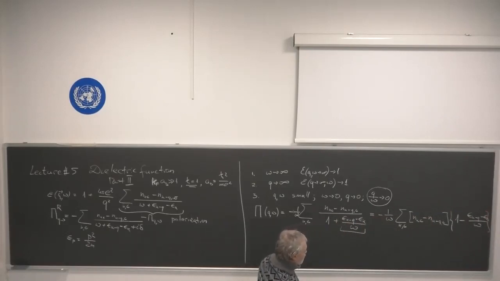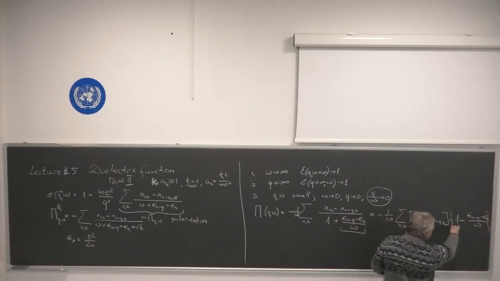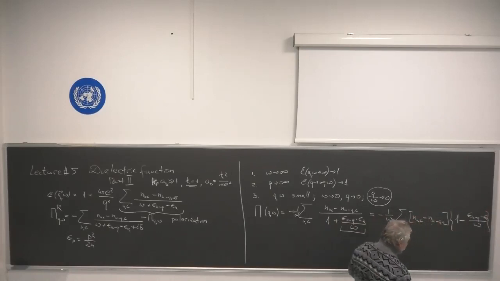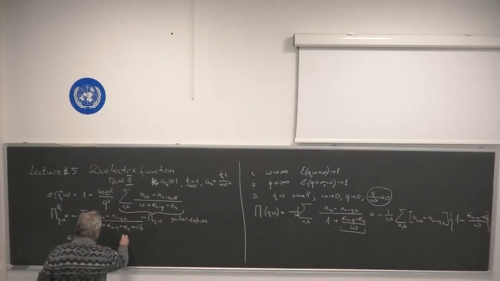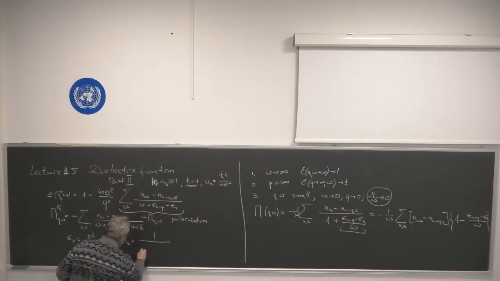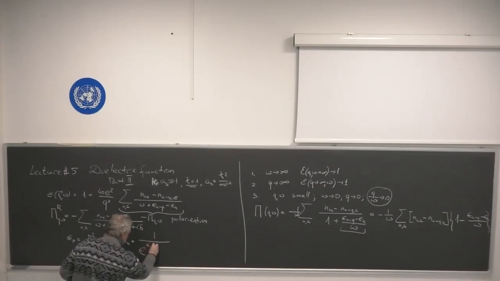Let's now see. The first term, when I multiply this bracket by 1, gives me 0. Why? Because I just have a difference of two Fermi distribution functions. I remind you that n_k is a Fermi distribution function, 1 over e to the power (epsilon_k minus mu) divided by temperature, plus 1.